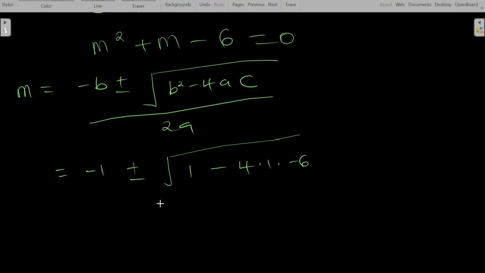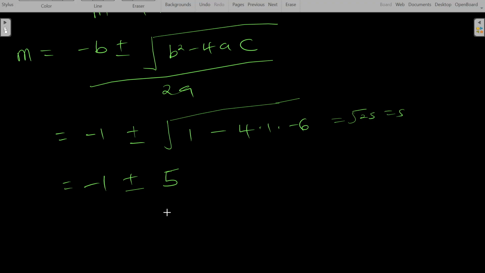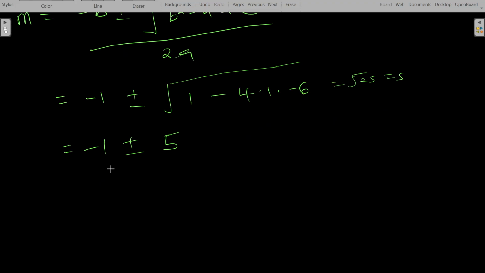Okay, so this will go down to minus 1 plus or minus the square root of 1 plus 24, which is the square root of 25. Okay, which will be 5.